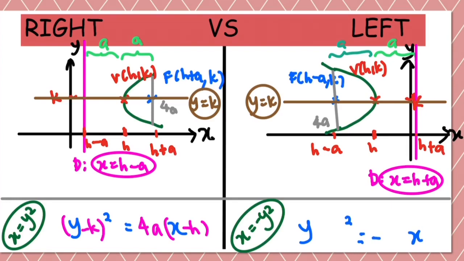Don't forget now you have a minus because the graph is opening to the left. Alright, for x, we always minus it with h. For y, we will always minus it with k. And then the coefficient in front of your linear, multiply it with 4a. Therefore, this is the general formula for parabola opening left: y minus k squared equal to minus 4a, x minus h.